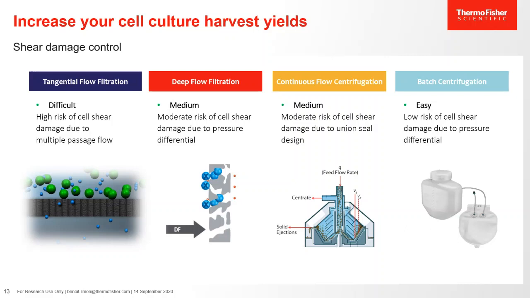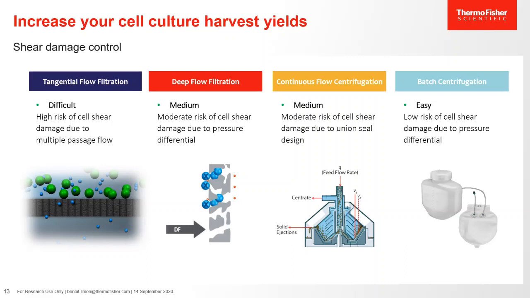And this is due to the multiple passage flow of the cell over the filter, causing shear and damaging the cell, and cell debris contaminating the supernatant and losing cell, therefore affecting the overall yield when using the tangential flow filtration technique.